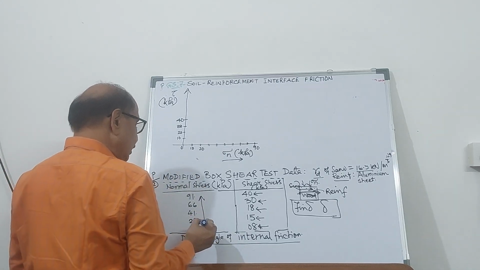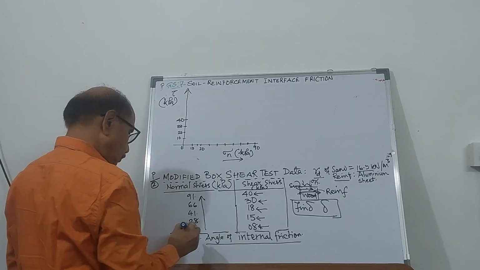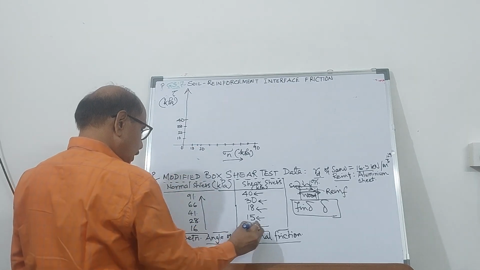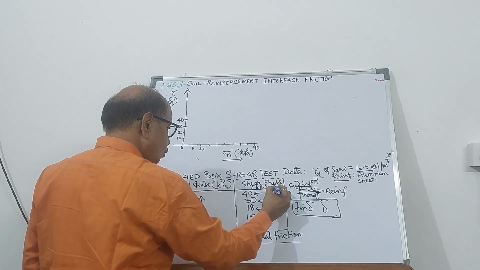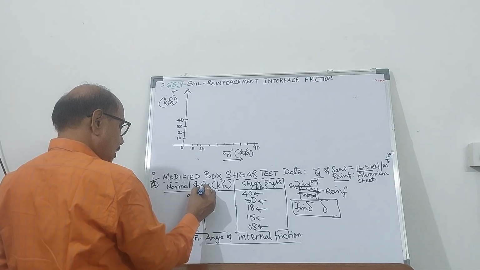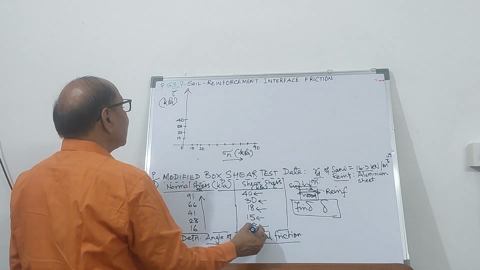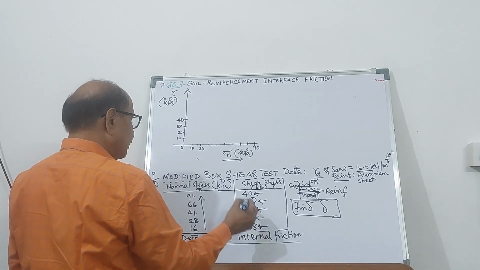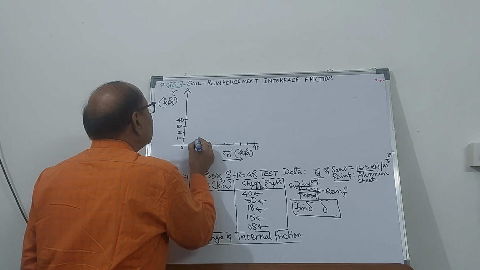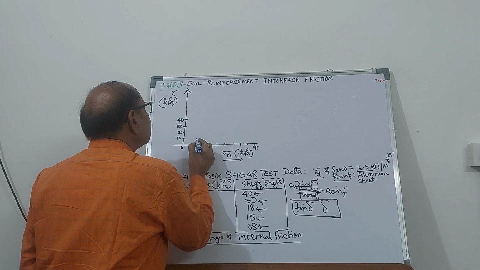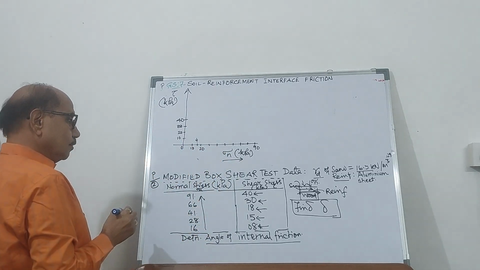So when the value is 16, the corresponding value of tau is 8. So at 16, it is going to be somewhere here. So 1 point you have got.